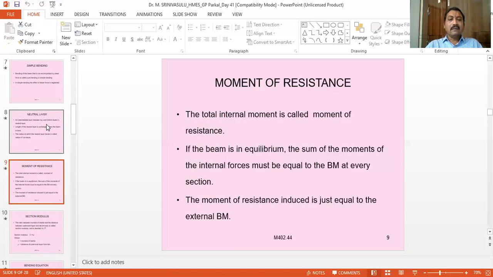Here, the moment of resistance is the internal resistance of the beam, whereas the bending moment is the external moment. So for the equilibrium of the beam, the moment of resistance is equal to the bending moment. So MR is equal to BM.